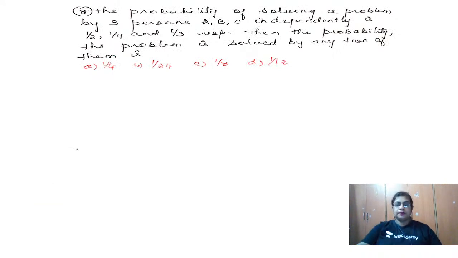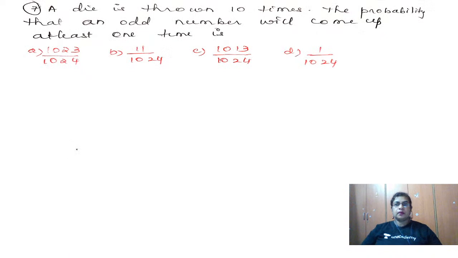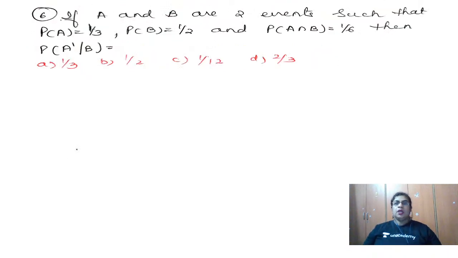Now, the intersection is given. You have to find what is the probability of A dash given B. Now, this is a conditional probability. Let us draw the Venn diagram first. With the Venn diagram, I'm going to give you the ideas.